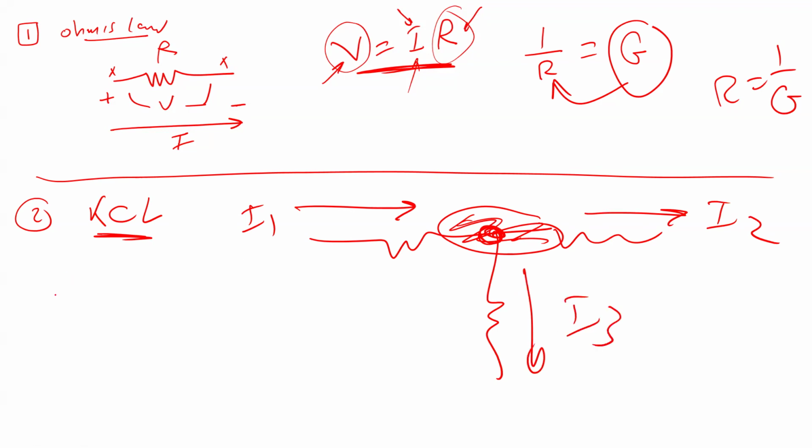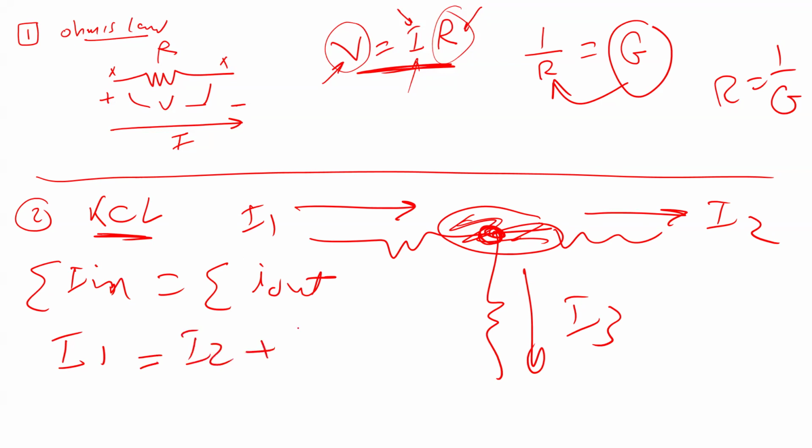It's very simple. The summation of the current in, this is true for any node, should equal the summation of the current out. In this case, I1, which is in, should equal the out, which is I2 plus I3. By intuition, this should be true because current is related to the amount of charges.